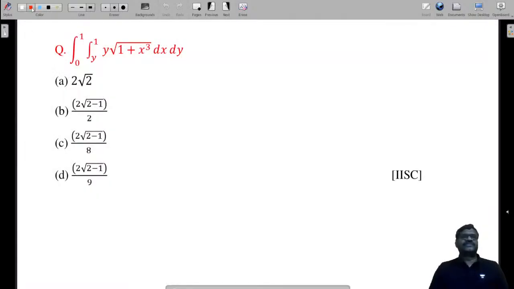Final answer is 2 root 2 minus 1 by 9. Understood?